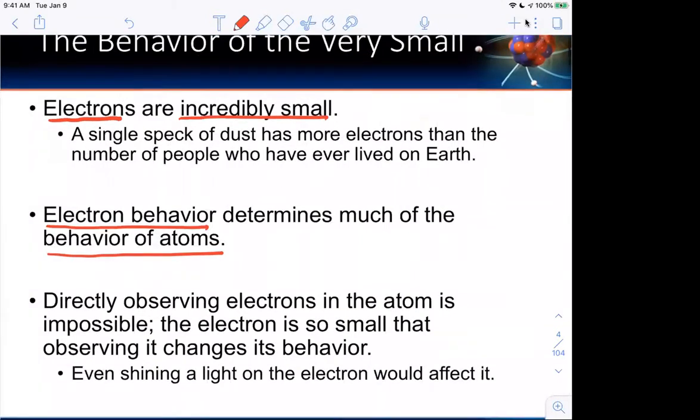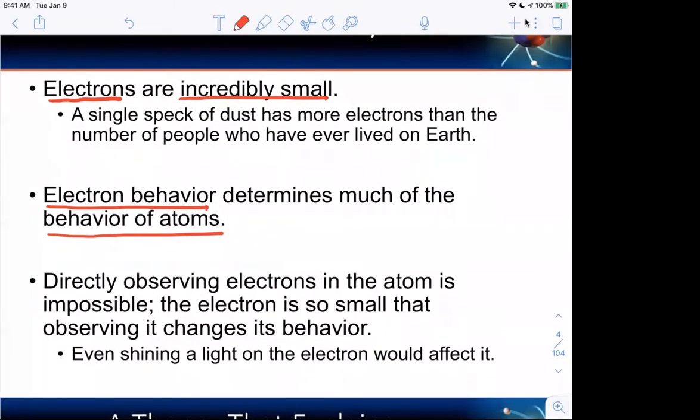We also know that when I directly observe electrons, something happens. The actual act of observing the electron changes its behavior. So directly observing electrons is impossible.